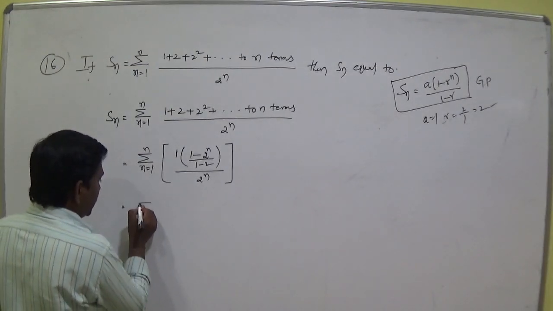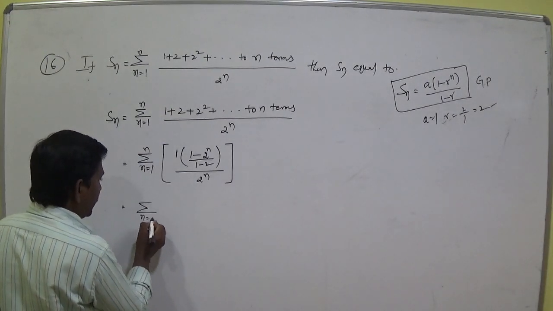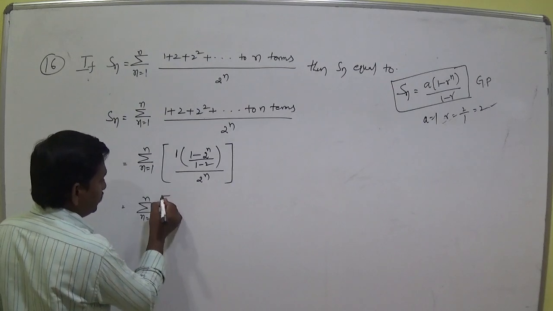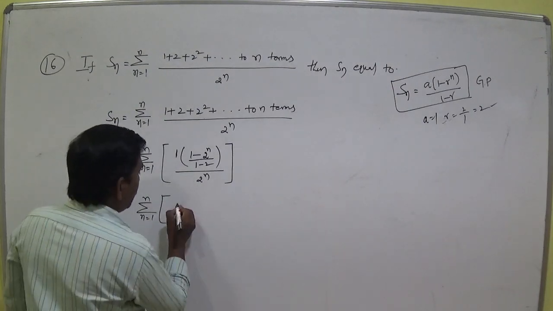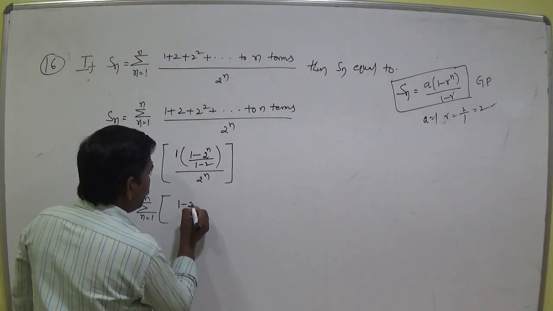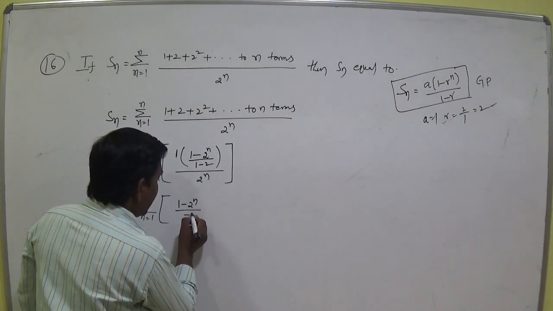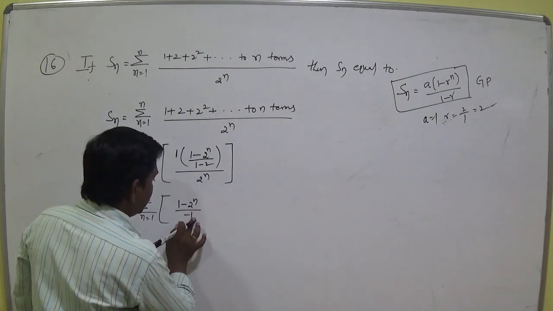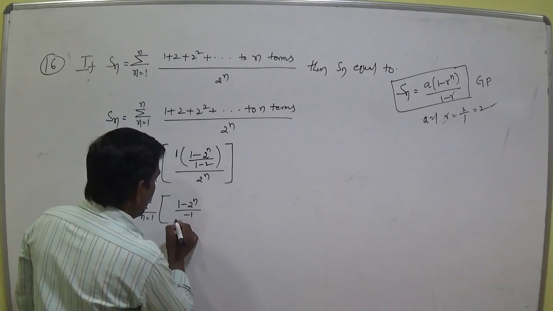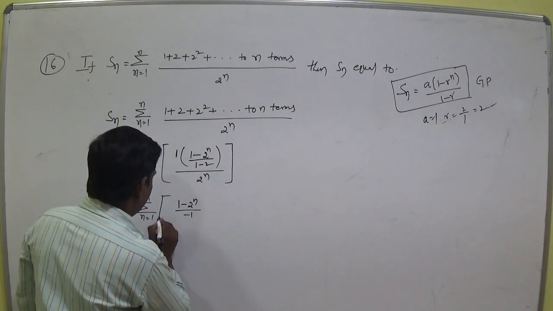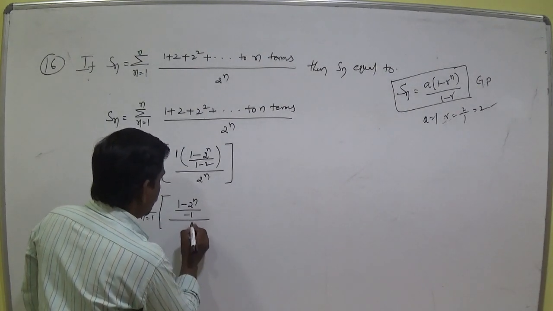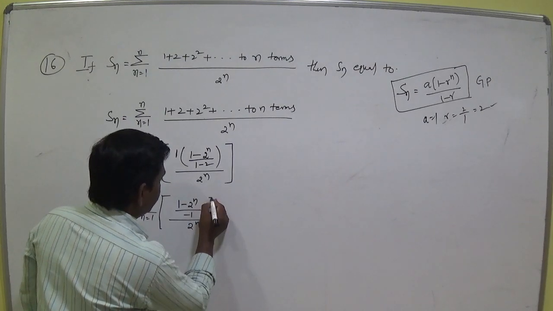Now sigma n equal to 1 to n, this value 1 minus 2 power n by minus 1, and whole by 2 power n.